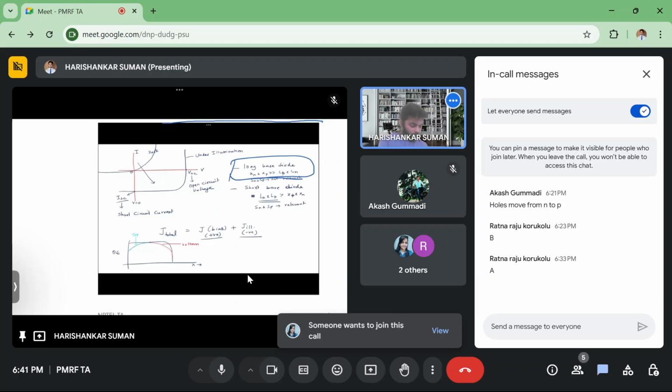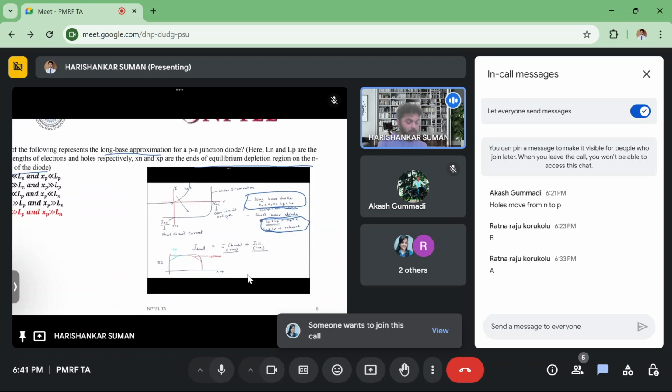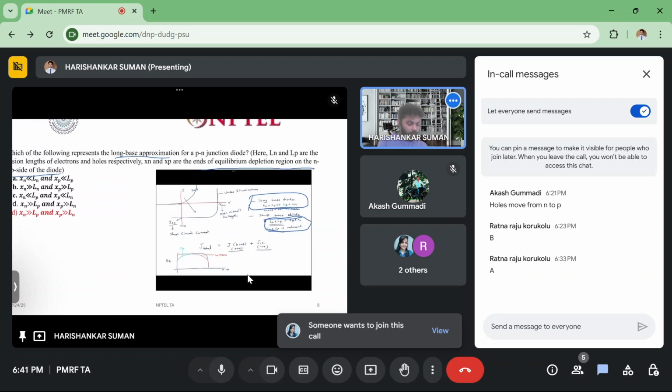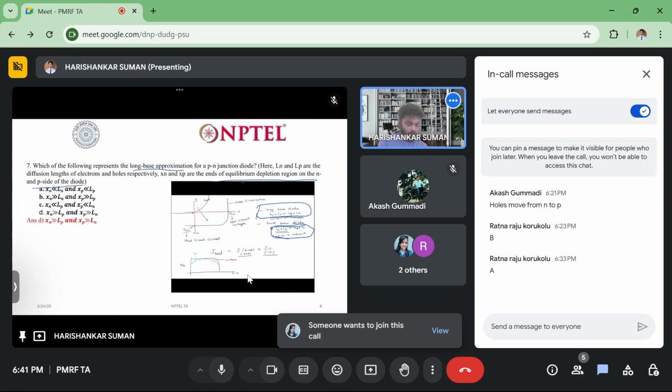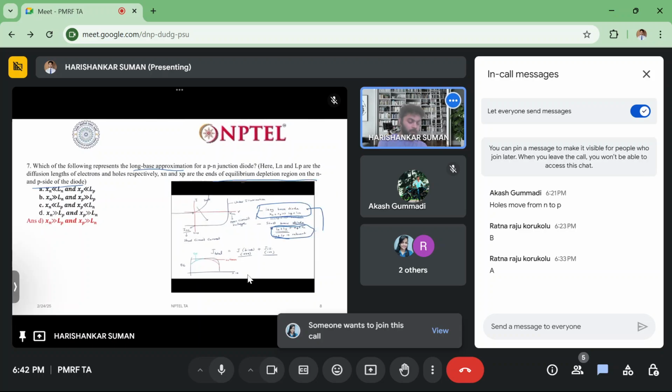For the short base diode, the diffusion length should be higher than the equilibrium depletion region length. So these are the approximations for p-n junction, long and short.